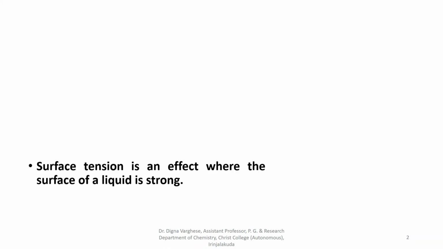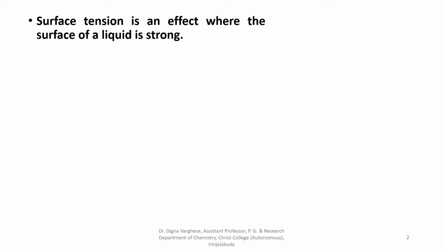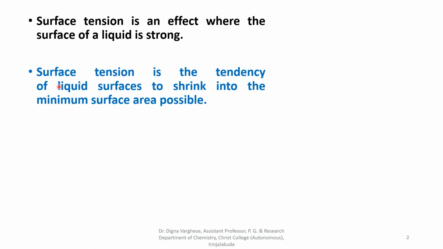Surface tension is an effect where the surface of a liquid is strong. Surface tension is the tendency of liquid surfaces to shrink into the minimum surface area possible. In other words, the surface can hold up a weight.